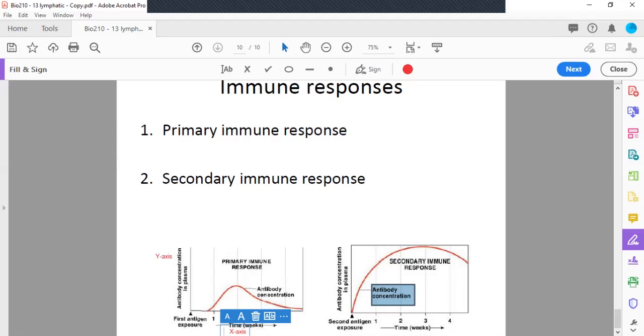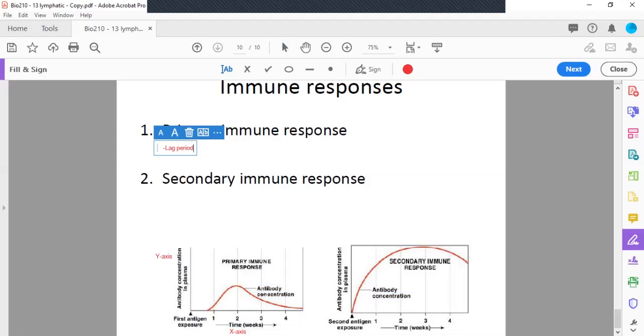Now, if you notice in the first immune response, the primary immune response, there is a period in which there's no antibody present. That period is going to be called a lag period.